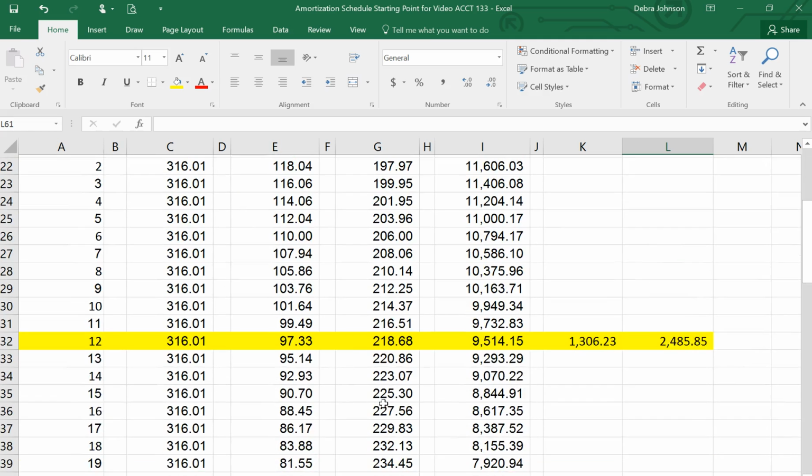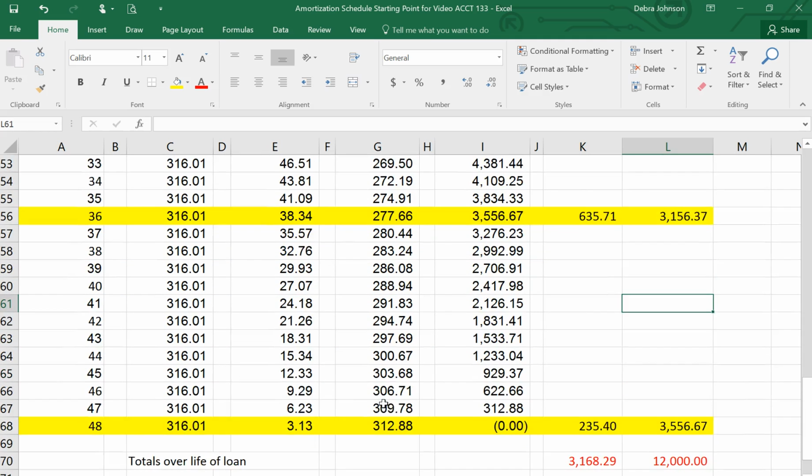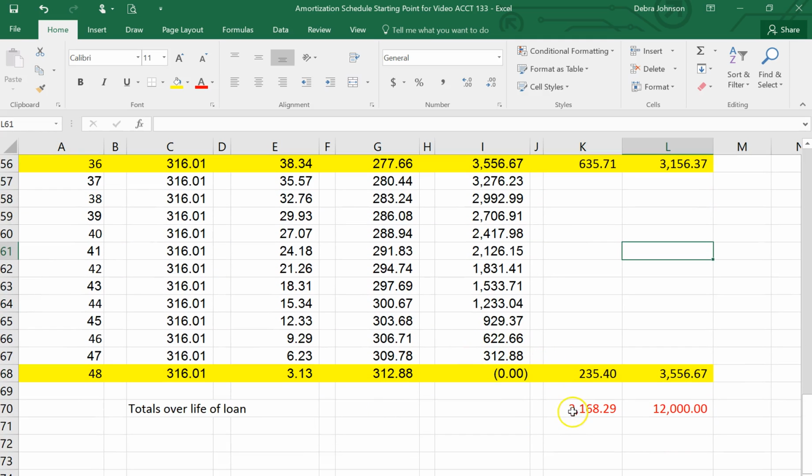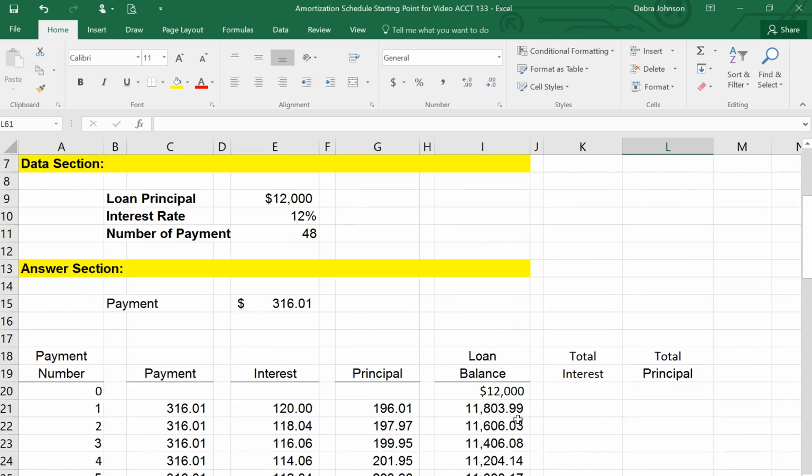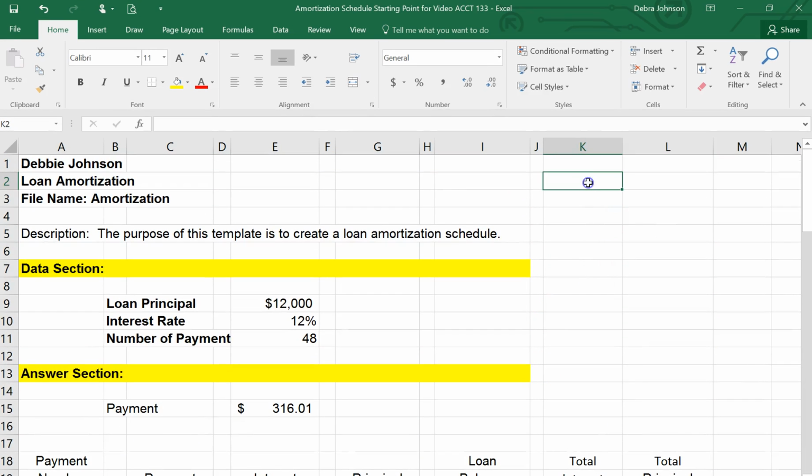Okay, to do that, let's take a look at the total interest paid so far, $3,168.29. I'm going to copy that at the top, $3,168.29. That was our interest cost under the first scenario.